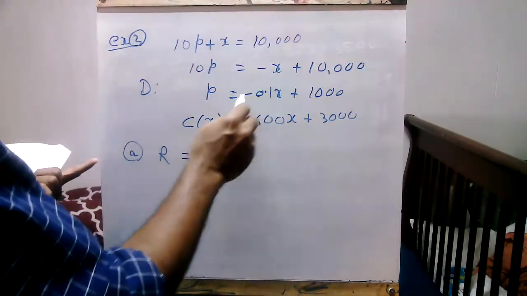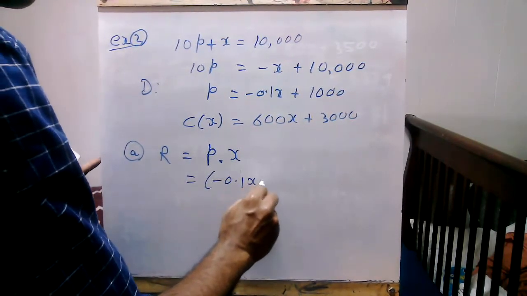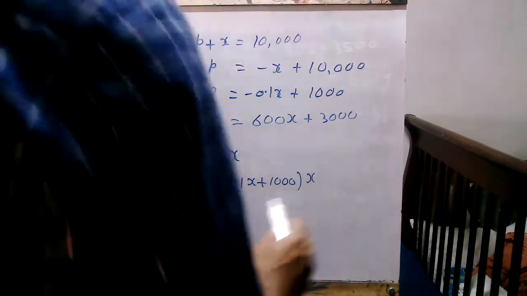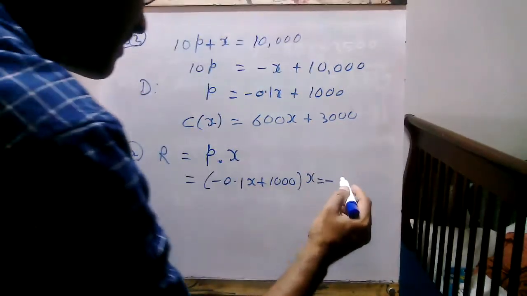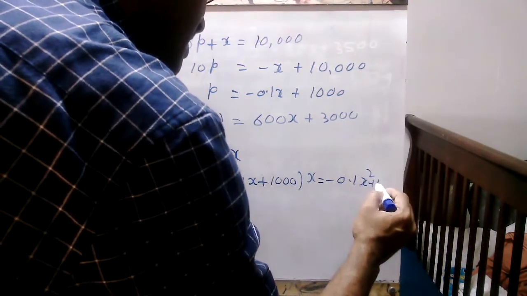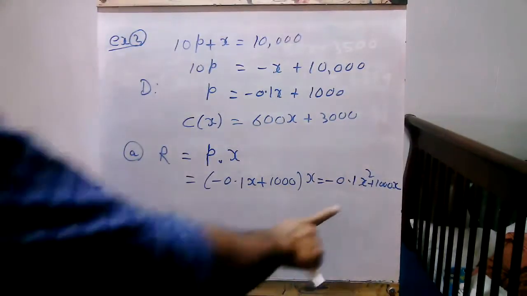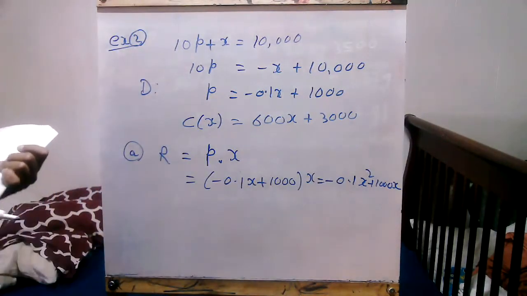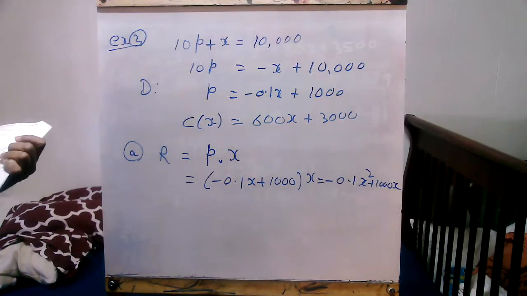So substitute this p here, it is equal to negative 0.1x squared plus 1000x, negative 0.1 x square plus 1000x. That's the revenue function. What else is it asking?